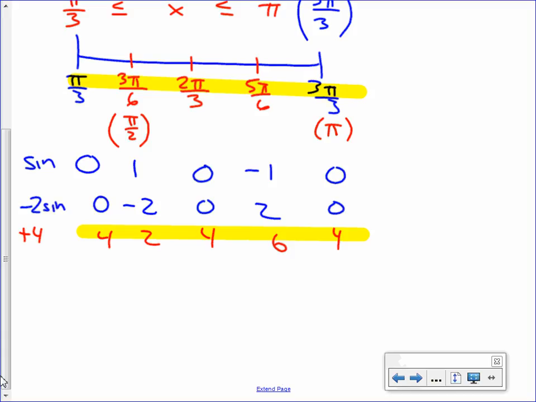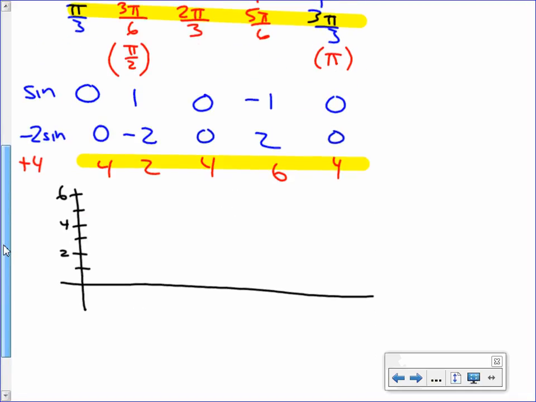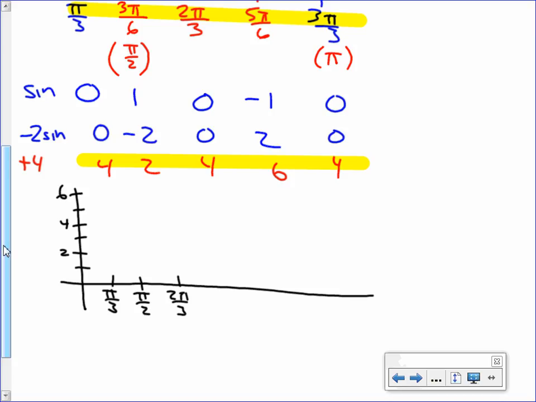All right, here we go. It looks like everything is above 0, right? It's 2s and 4s and 6s. So 2, 4, 6 is where we're at. Pi over 3, pi over 2, 2 pi over 3, 5 pi over 6, and then pi is all you need for an interval.